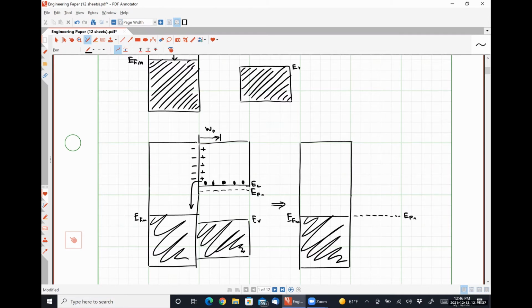And away from the junction, it's going to have the exact same structure. So here's E_C. Let me try to make my pictures the same.